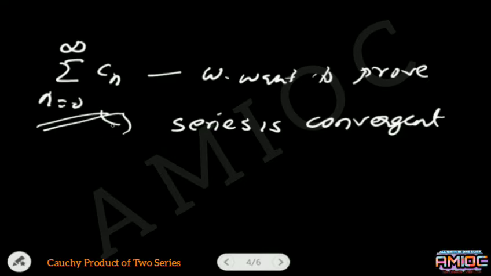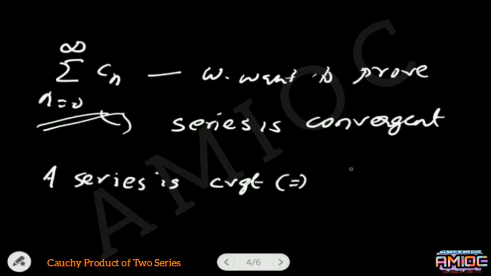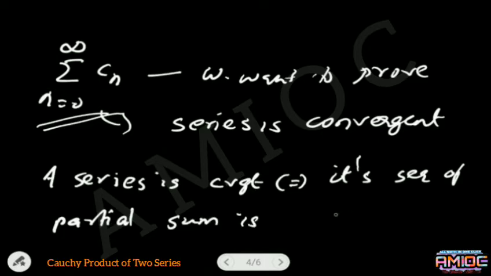Here, we need to discuss the convergence of a series. By definition, a series is convergent if and only if its sequence of partial sums is convergent.